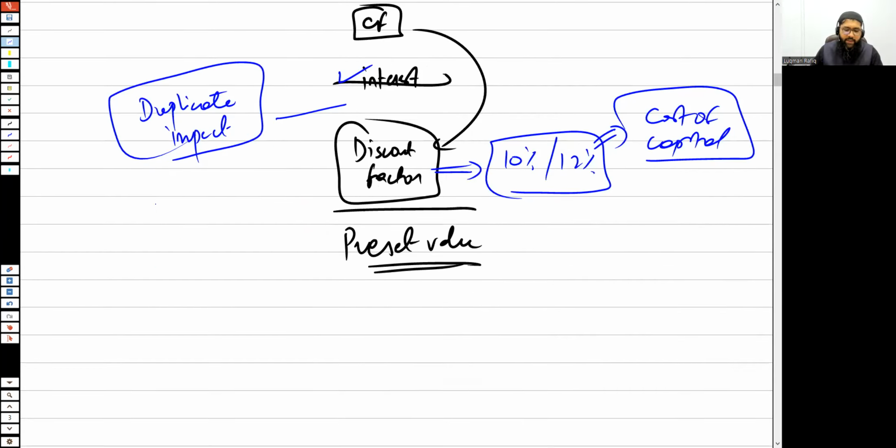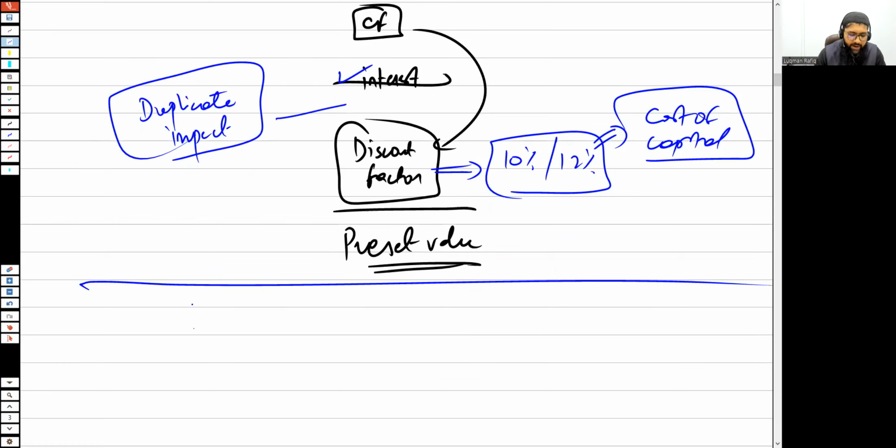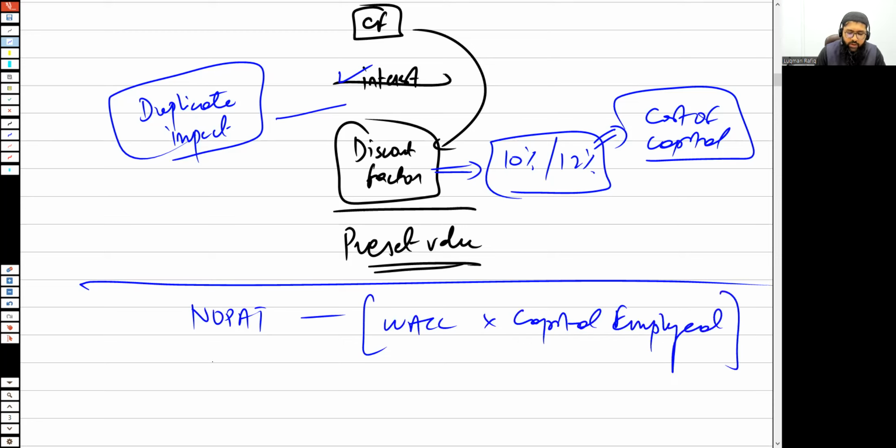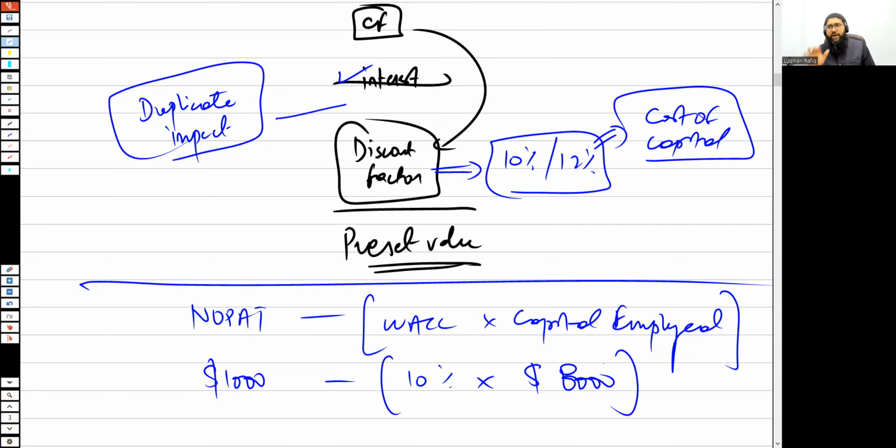Now, similarly, when you are calculating EVA, you've got NOPAT minus WACC multiplied by capital employed. That means whatever the profit is, let's say 10,000, minus 10% multiplied by whatever the capital employed is. So from the capital employed, we're deducting the cost. You get my point?